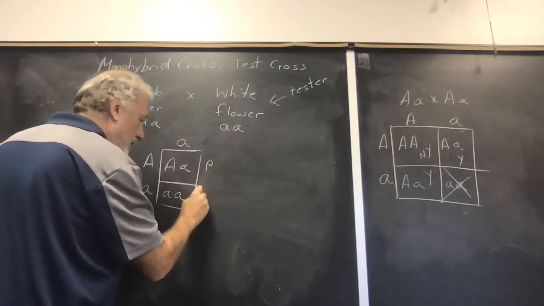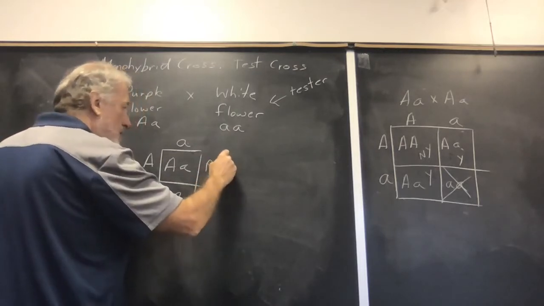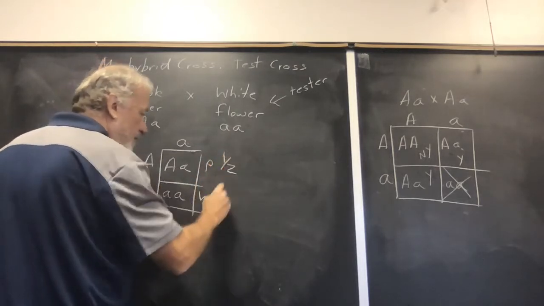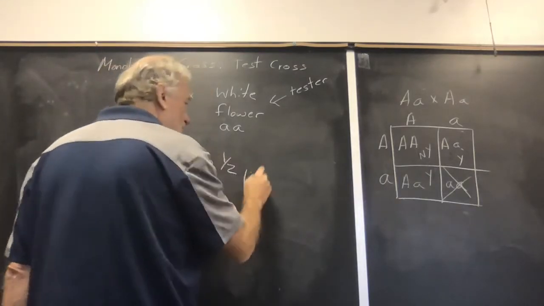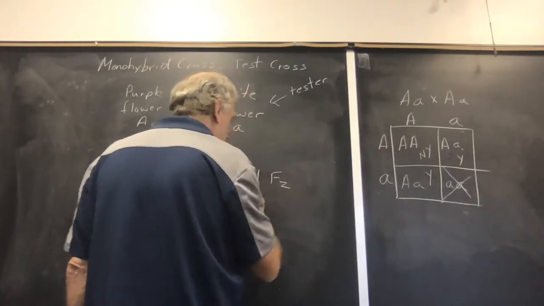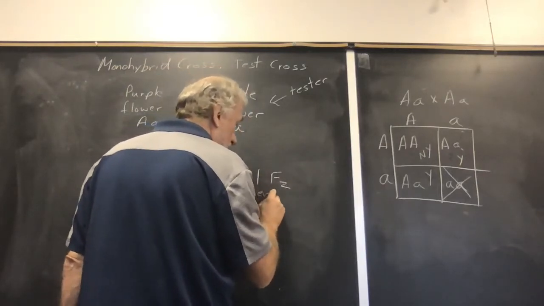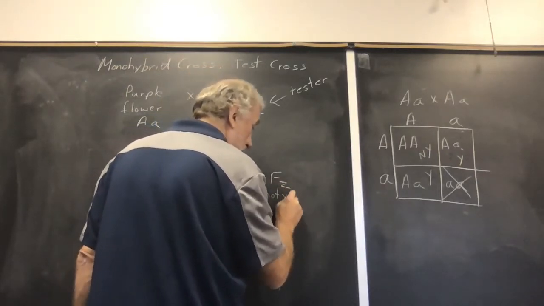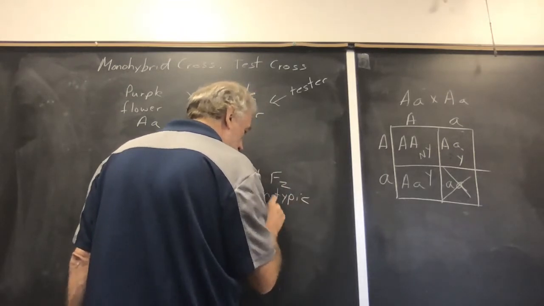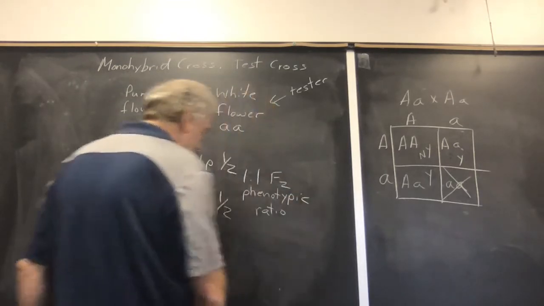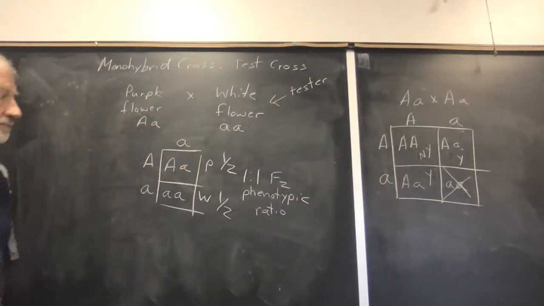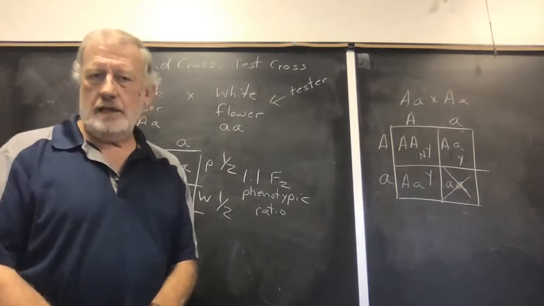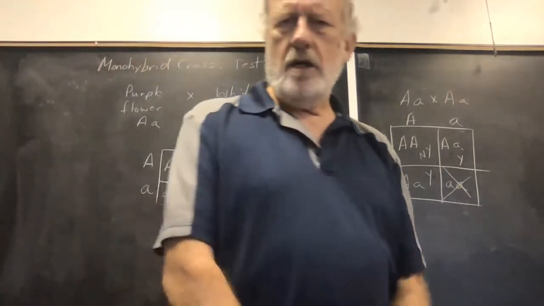These guys are purple, these guys are white, and so we've got half our offspring like that, the other half like that, and so this yields that 1-to-1 F2 phenotypic ratio. It's about equal numbers of each of these two phenotypes. Okay. And so that is the last monohybrid cross that we're going to discuss.